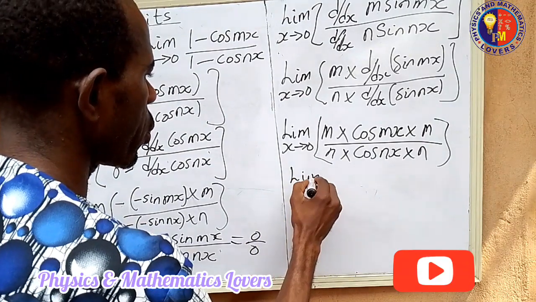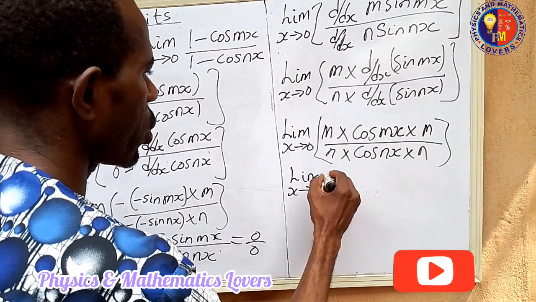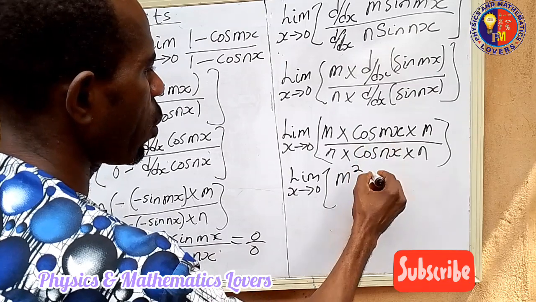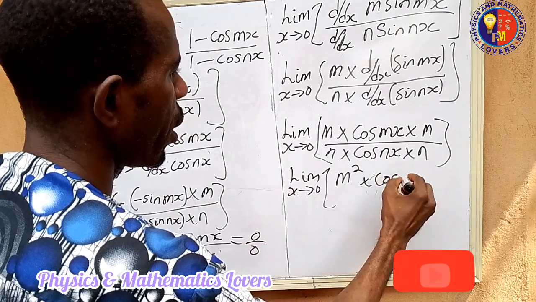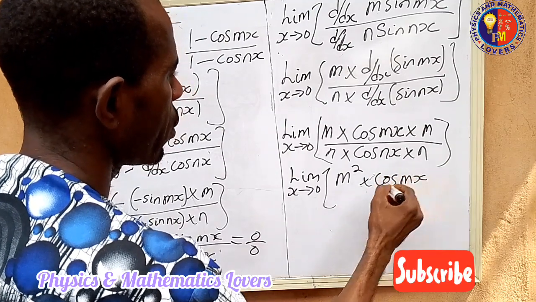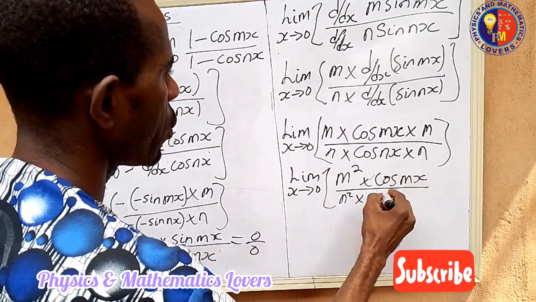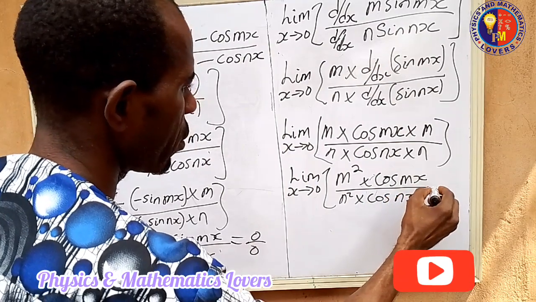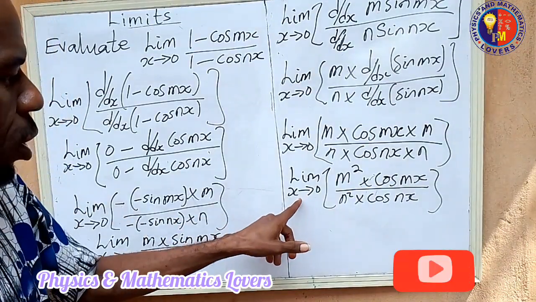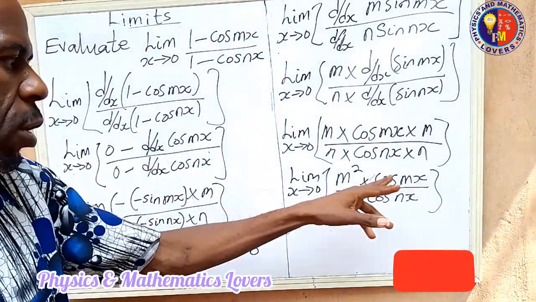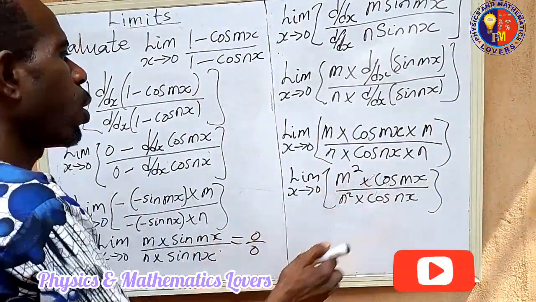So at the end of the day, we are going to take a limit now. Then become limit of this, bring it down, s tends to 0. Then m times m to give us what? M squared. Then we have a cos times what? Cos mx all over n times n to give you what? N squared times what? Cos nx. So here we can go further now to carry out direct substitution, because no limit identity for cos function.